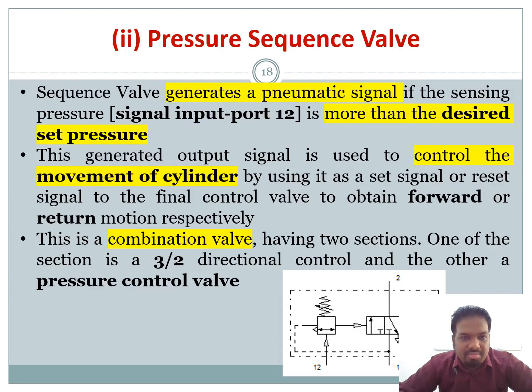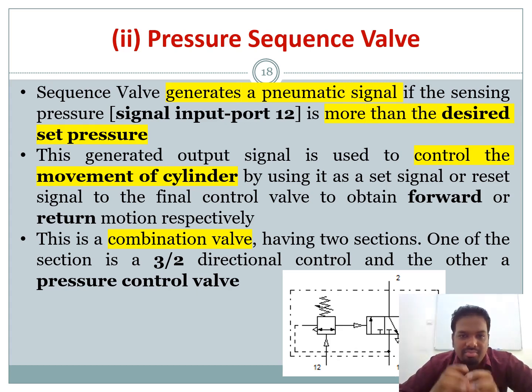Then we move to the second part, the pressure sequence valve. The pressure sequence valve is somewhat like a sensor. It will detect whether there's a pressure change. Here you also set a desired pressure. Let's say you set 5 bar.